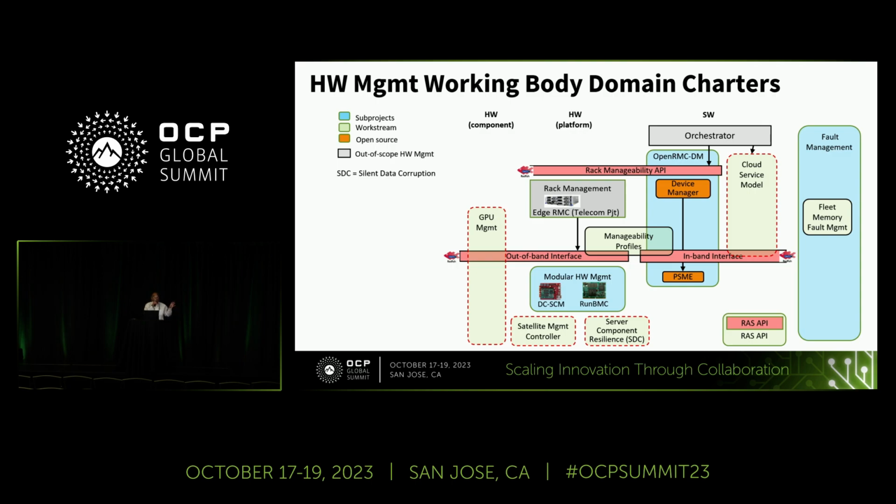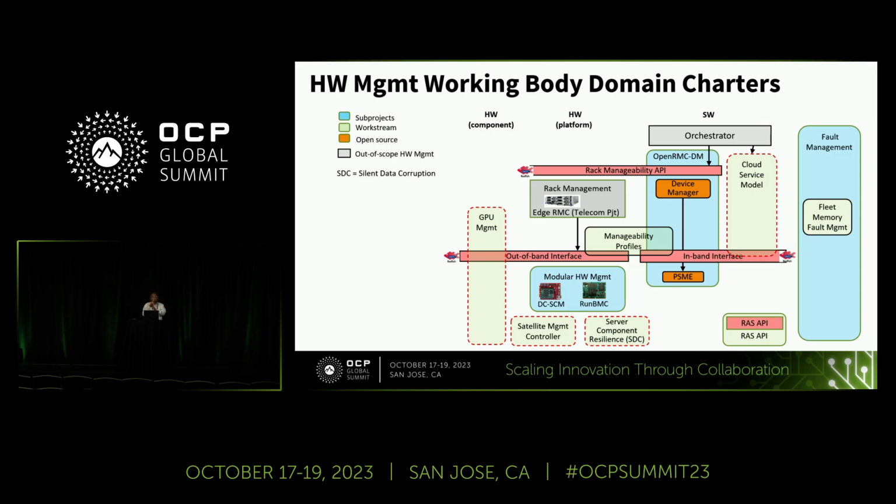And then there is also an implementation of that aspect called OpenRMC Device Manager, which is basically part of the hardware management project. And recently, we have this cloud service model, which became part of the hardware management project, which will allow this kind of orchestration layer to directly manage the cloud services.